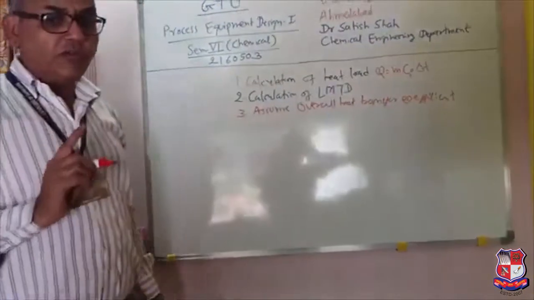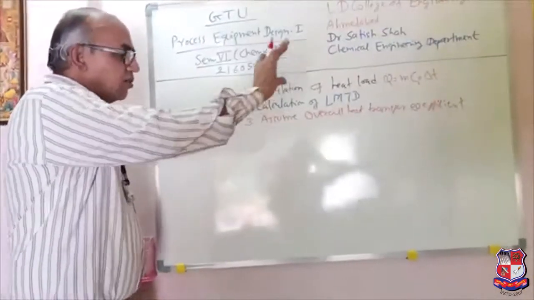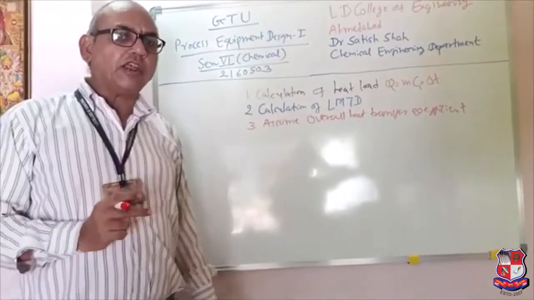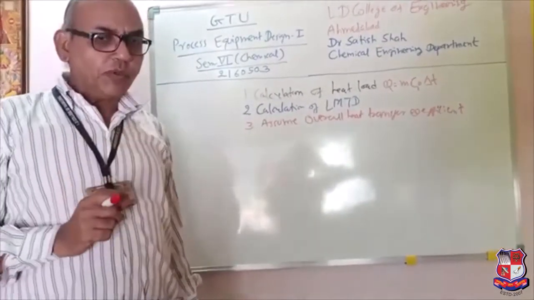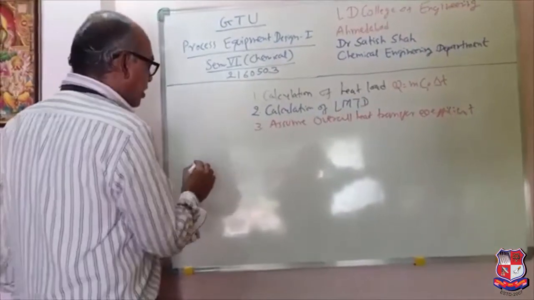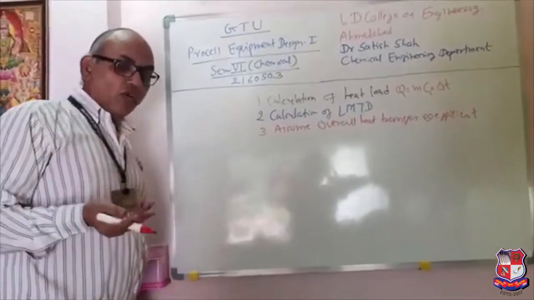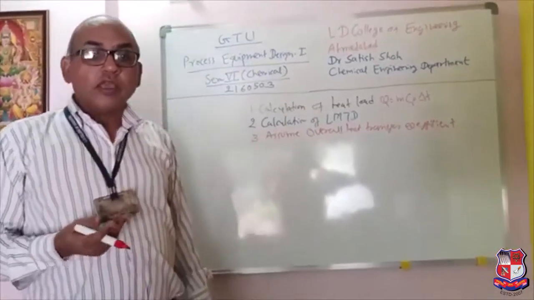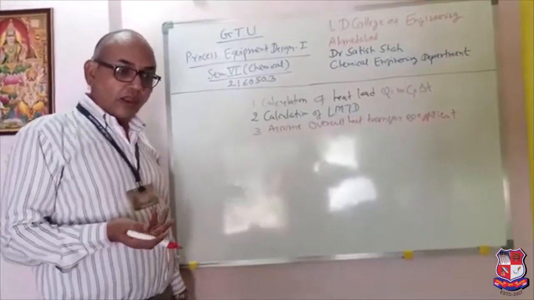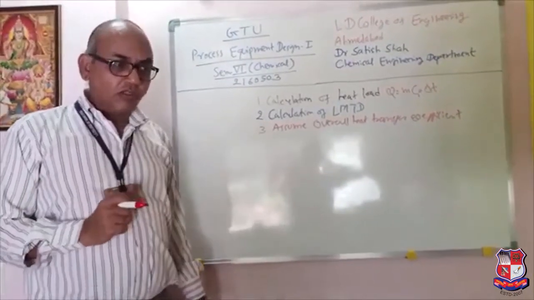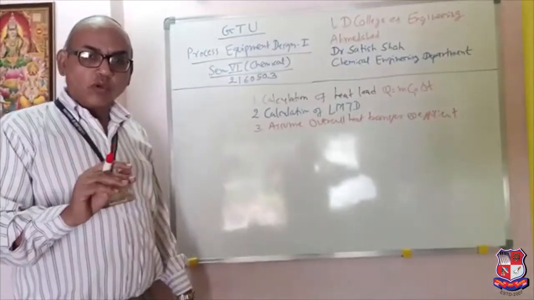So before proceeding further, let me again make clear what the overall heat transfer coefficient is. You have already studied the overall heat transfer coefficient in heat transfer. But let me make it clear: if you know the shell side heat transfer coefficient, the tube side heat transfer coefficient, the dirt factors and the thermal conductivity of the tube metal, using all this you can find out for a shell and tube heat exchanger the value of the overall heat transfer coefficient.